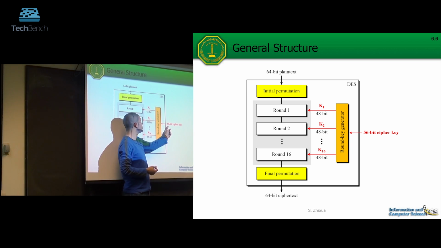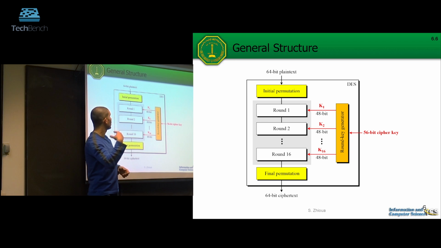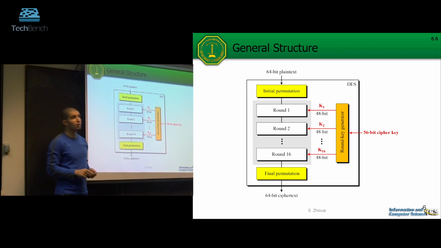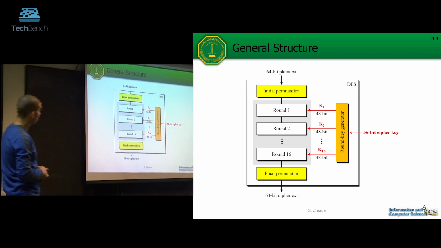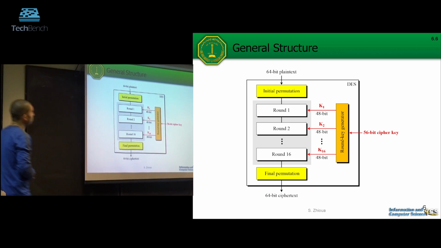Starting from those 56-bit keys, you will generate 16 48-bit keys. We're going to see what is in every one of these boxes, one by one.